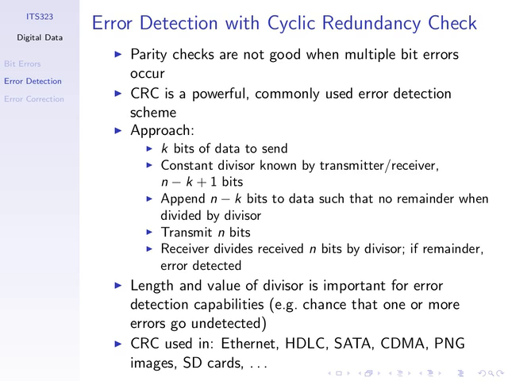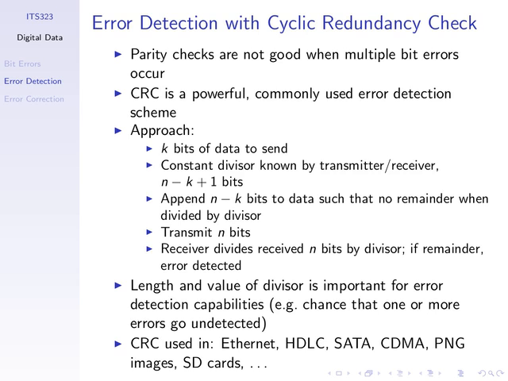I have a data rate of my link of 8 megabits per second. So in this case, I have an 8 megabit per second link from transmitter to receiver. What's my throughput? If there are no errors, what's my throughput? I've got an 8 megabit per second link using my single bit parity check in this example.